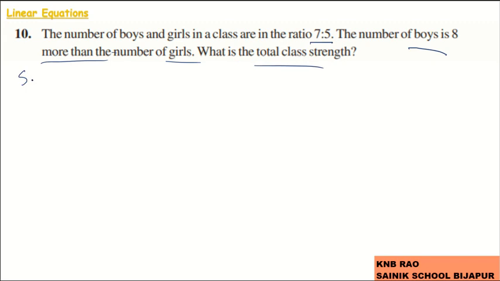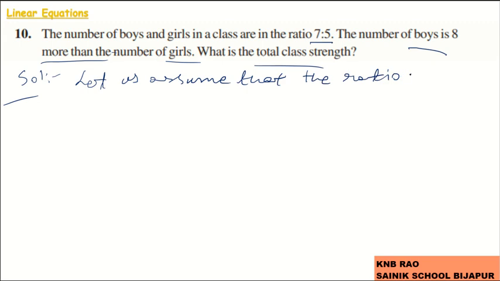See students, here again they have given you a ratio. So, we shall go with the same assumption. Let us assume that the ratio constant is, now I am assuming y instead of the variable x always, we shall take some other variable now.